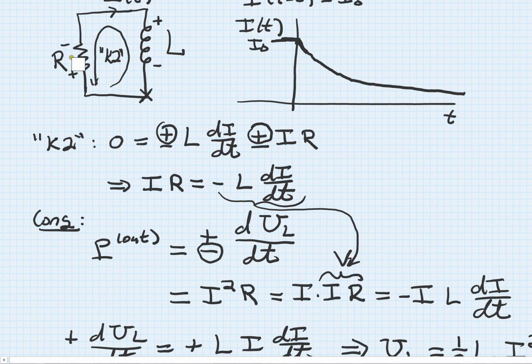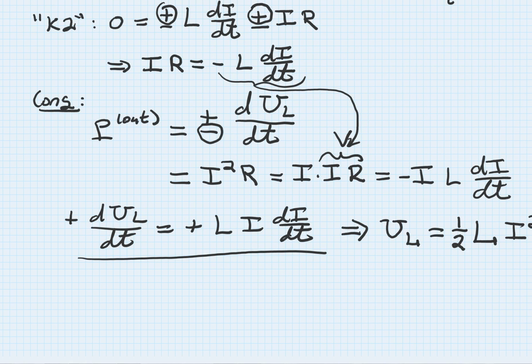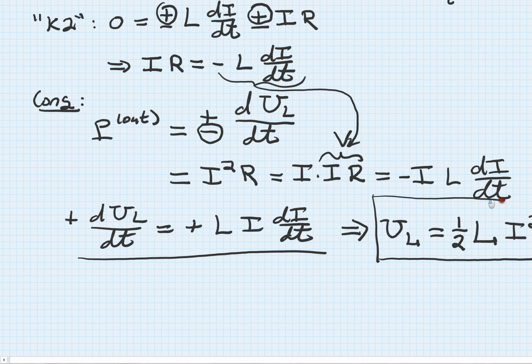I can't suck more energy by having that inductor continue to pump current out through anything if the current starts out as 0. So if the current is 0, I know the energy stored is 0, so that tells me that this constant here actually must be 0. We now have a very nice formula for energy in an inductor, very similar to energy in a capacitor. It just involves now current and inductance instead of charge and capacitance.